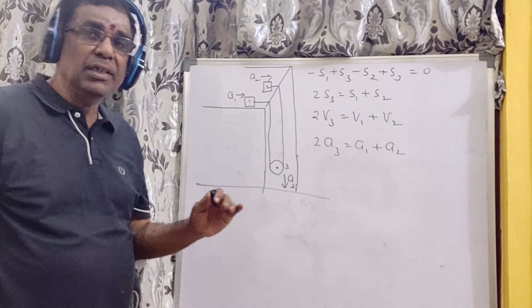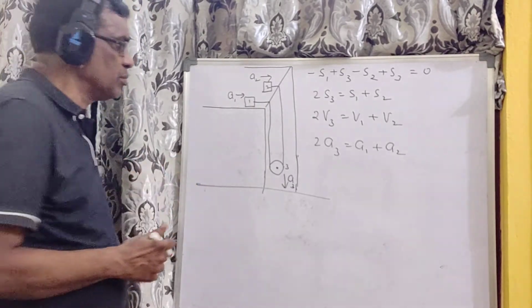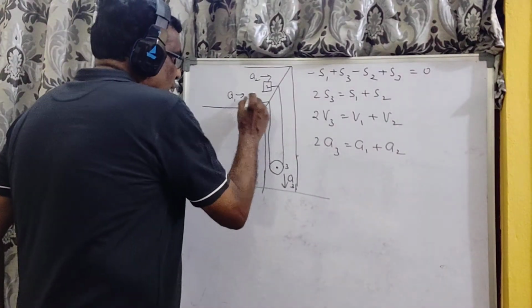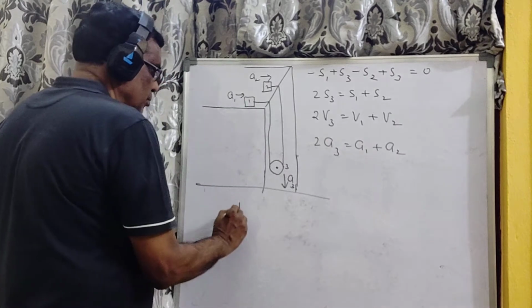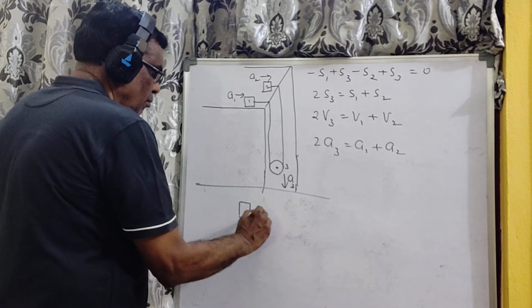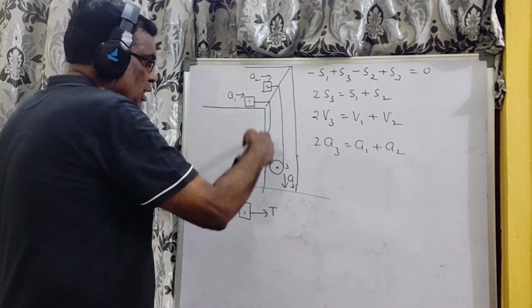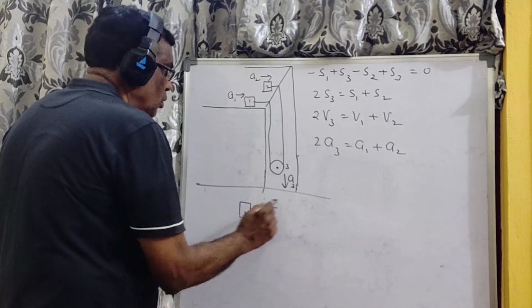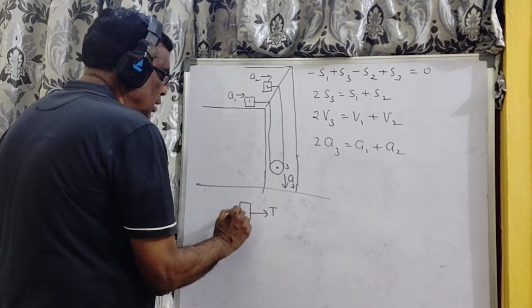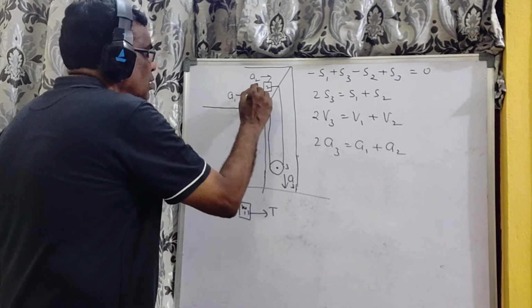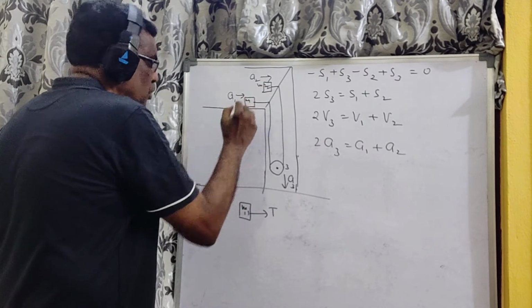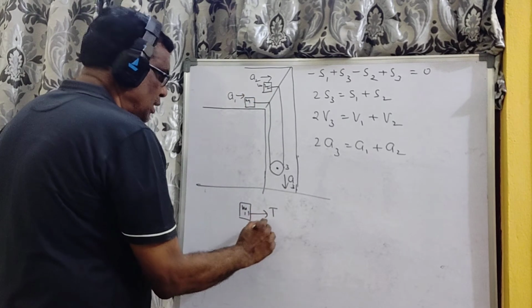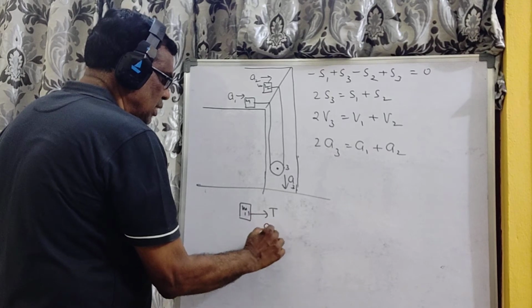This is clear. How do you write the dynamics? Now here, look at the FBD of this. This is a single row, so only tension, and the mass is M1, here the mass is M2. So, let this go with A1.